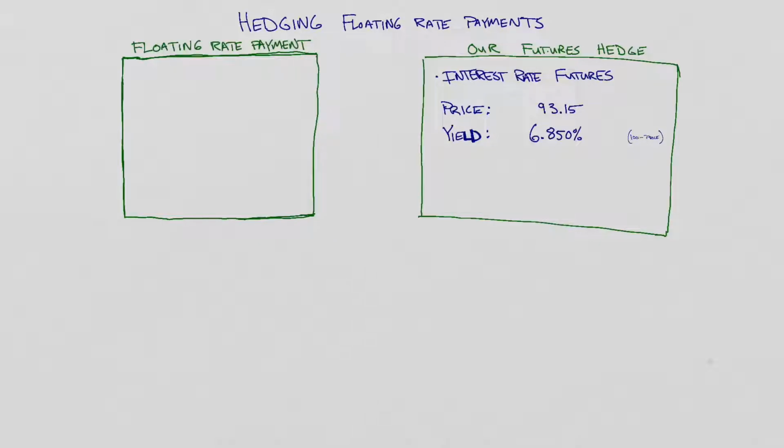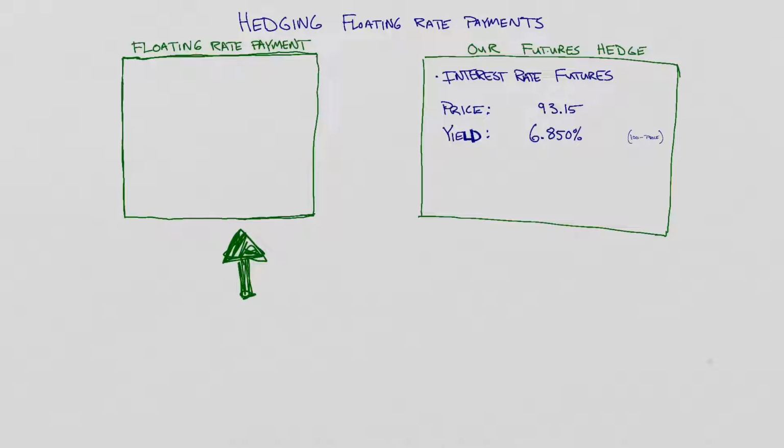If it's a variable rate loan, we're going to have a floating rate payment. And the idea, though, is that if interest rates go up, then so does the cost of this floating rate payment.